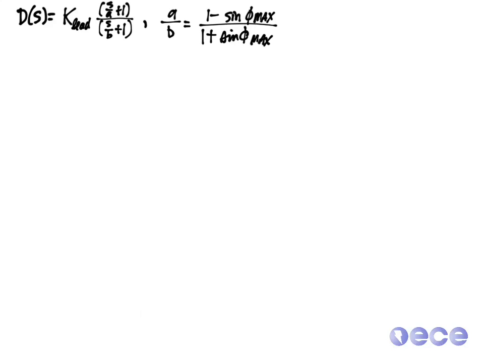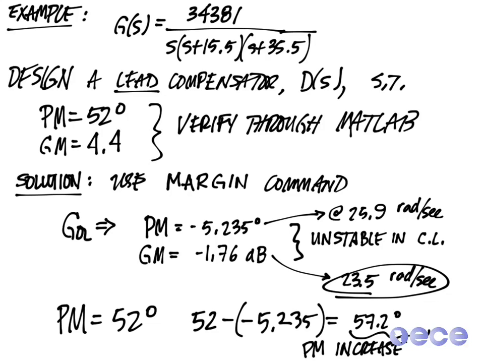So I'd like to keep omega c at 25.9 radians per second. That's where it is. The other was not the crossover frequency, it was the frequency, if we go back and look at this page.